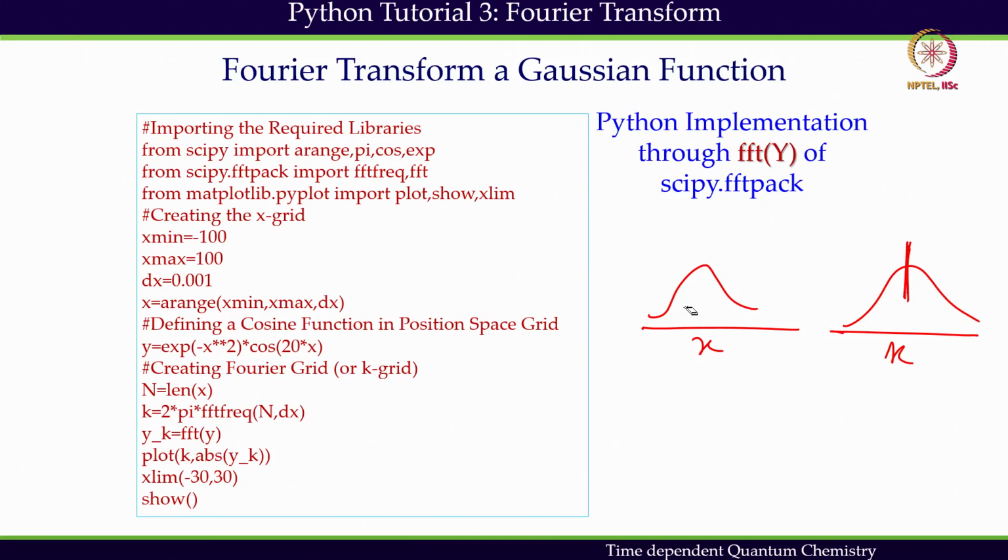It does not look like just e to the power minus x square; it is e to the power minus x square times cos 20 x, where the cosine is the fast moving component. So this is more like a Gaussian wave packet, and we should make it a Gaussian wave packet.